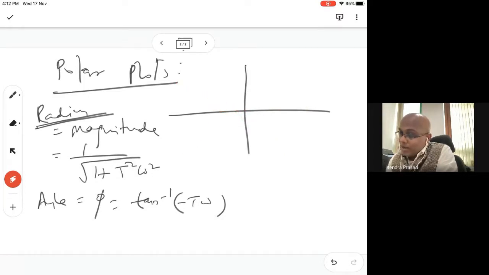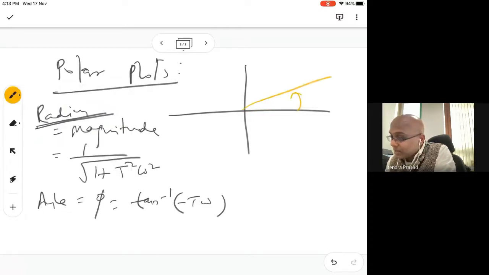Right? Okay, so if you say minus t omega, that really means the phi is negative, right? See, there is a minus here. As omega increases, at omega equal to 0, phi will be 0. So how do you define the angle here? The angle is this, this is phi.